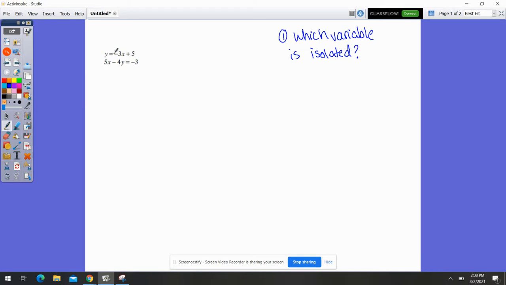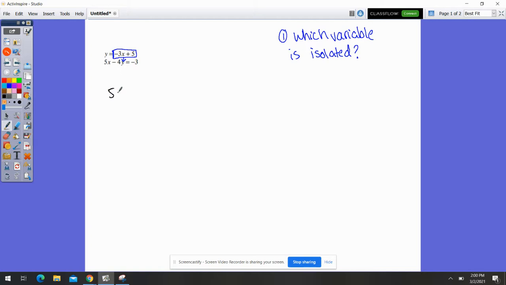Y is equal to negative 3x plus 5. So since y is equivalent to negative 3x plus 5, I can take negative 3x plus 5 and substitute it for y in the other equation.